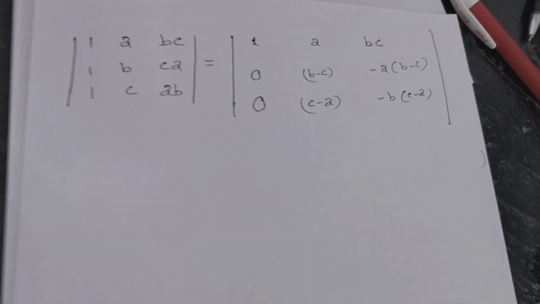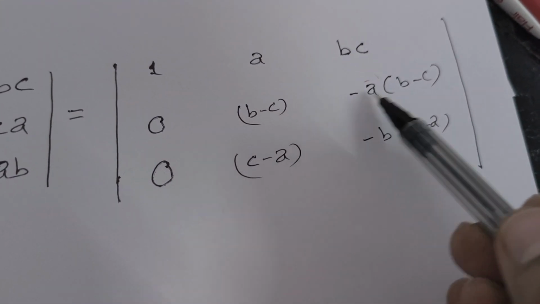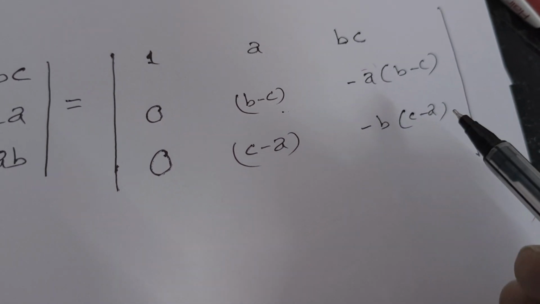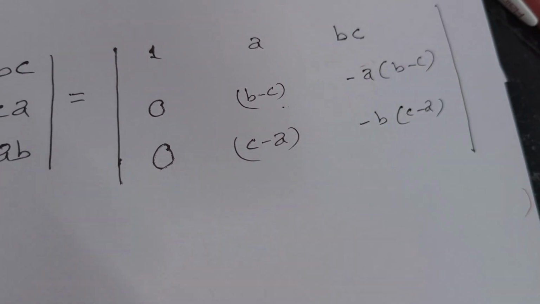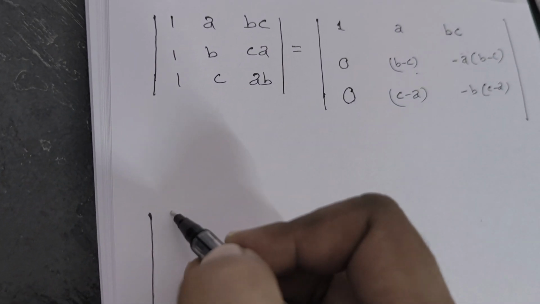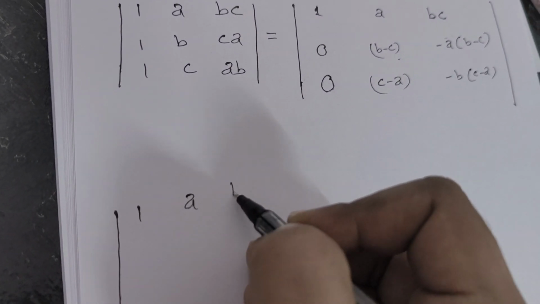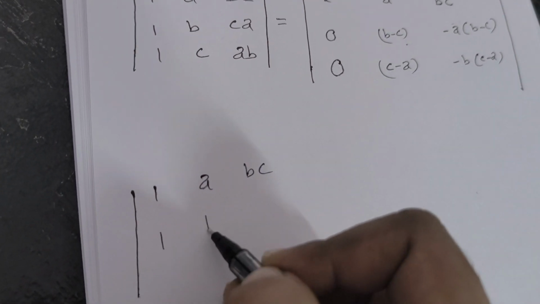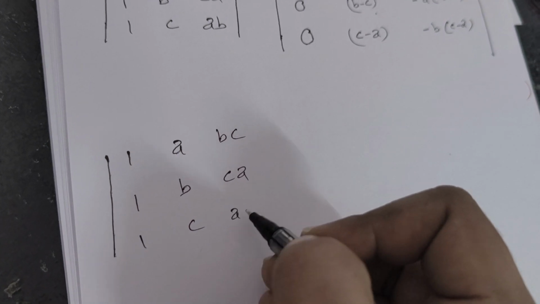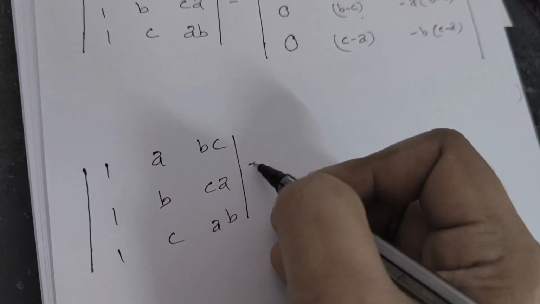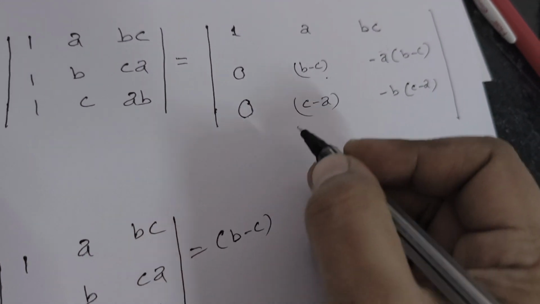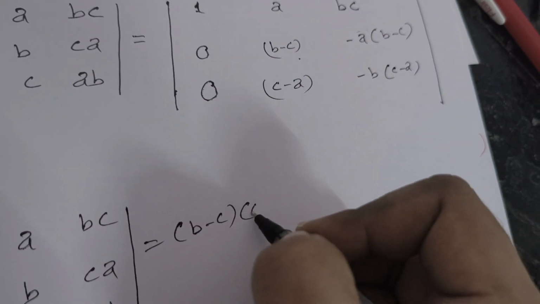Now from the second row b minus c we can take common, and from the third row c minus a we will take common. So the determinant is equal to, from second row b minus c, from third row c minus a.